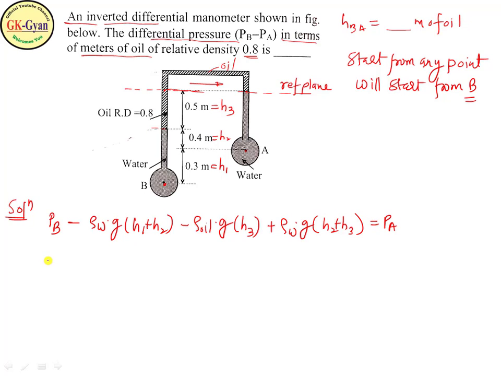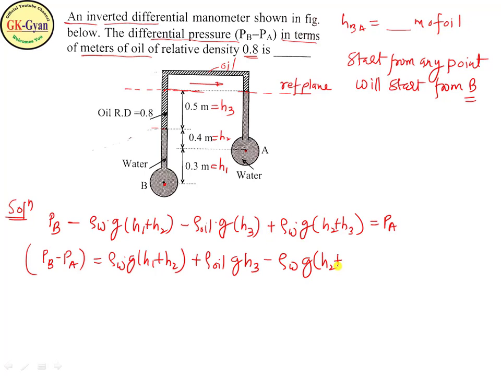So the equation once again: I shift PA to the left hand side, and shift all these terms to the right hand side. So it will be positive rho W into G into H1 plus H2, minus rho of oil into G into H3, plus negative rho W into G into H2 plus H3.